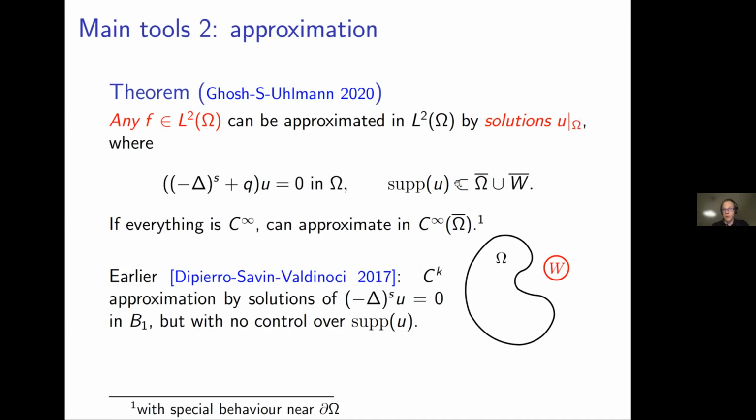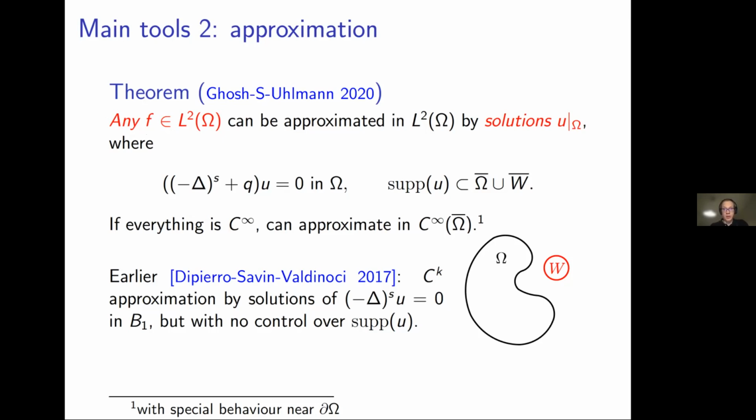And you can even confine the support of these global solutions to basically outside omega, in some small set W. This extends an earlier result by Di Piero, Savin, and Baldinocci. So really, for this non-local equation, you have a very strong approximation. You can approximate any profile in L2, not just any solution, by global solutions.